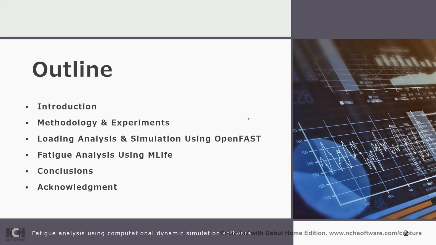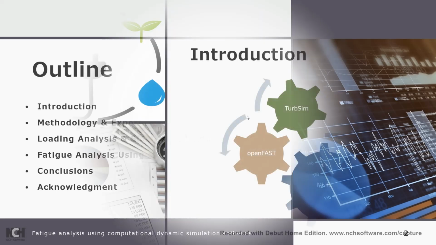And then move into the analysis using MLife, which is another open source software which takes the data from OpenFast to calculate fatigue. And then we'll talk about things like how blade pitch affects power generation, lift, drag, fatigue, and how even the blade pitch can affect the lifetime of the blade. And then we'll move into conclusions and then do the acknowledgements.